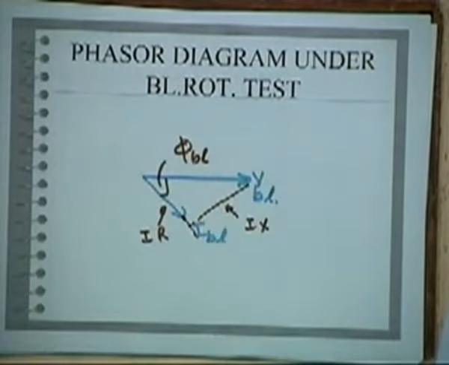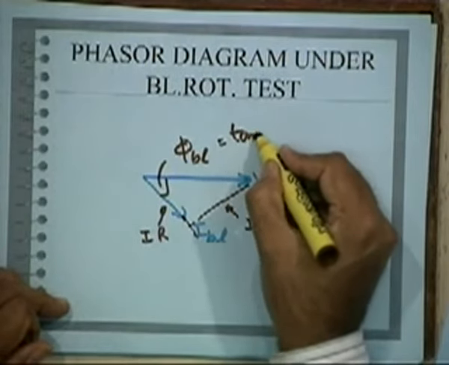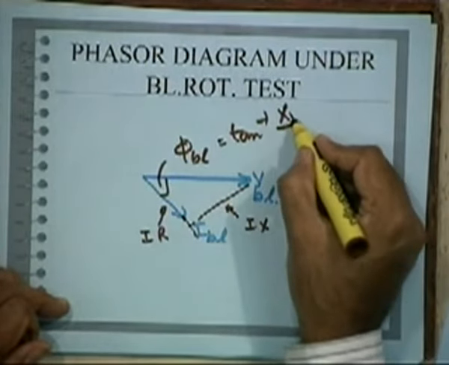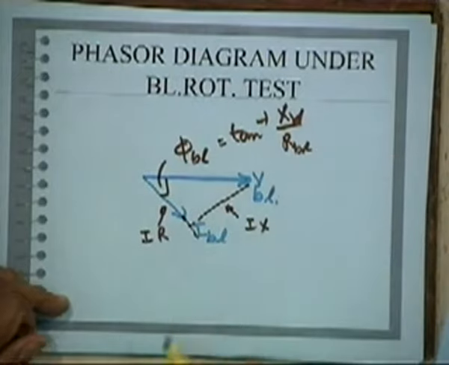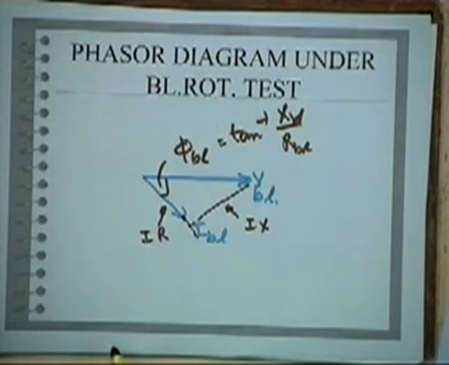The angle phi blocked rotor will be tan inverse of X blocked rotor by R blocked rotor. This is a standard phasor diagram under blocked rotor condition. Very simple. We have seen the equivalent circuit, the phasor diagram, and how you can calculate. Next you do tabulation of the results.